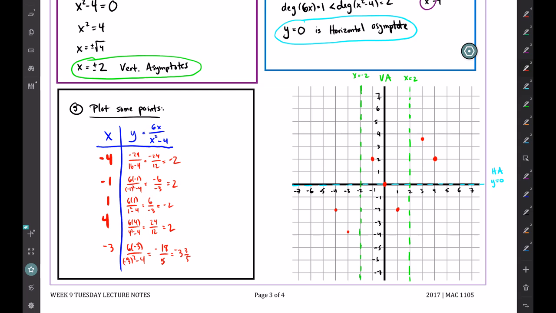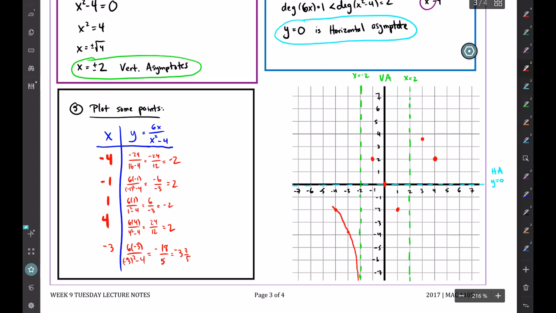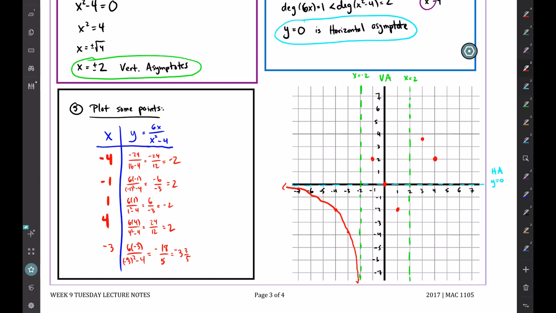Maybe you want to keep on plugging in more points, but I have a pretty good idea of what this graph looks like, because I've had some experience graphing these things. It's going to look something like this. And if you keep plotting points, you'll find that it's going to look roughly like the following. You have a line that becomes almost horizontal when x becomes really big and negative.